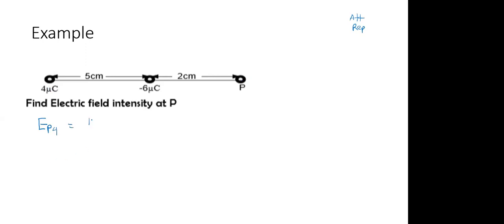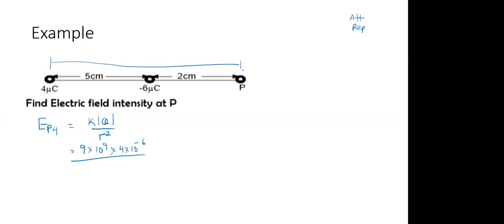We said electric field is given by K, the charge, divided by R squared. And we know very well that K is given by 9 times 10 to the power 9, times the charge, which is now 4 times 10 power negative 6, divided by the distance from where 4 is up to where we have our P.